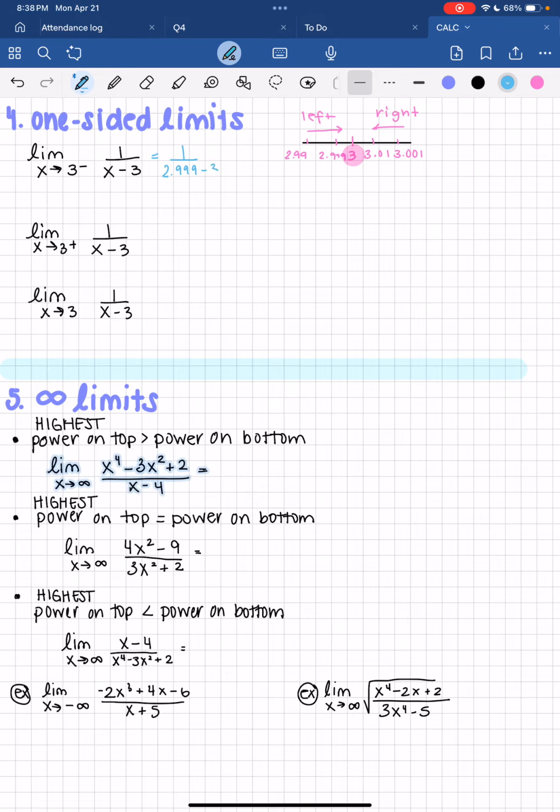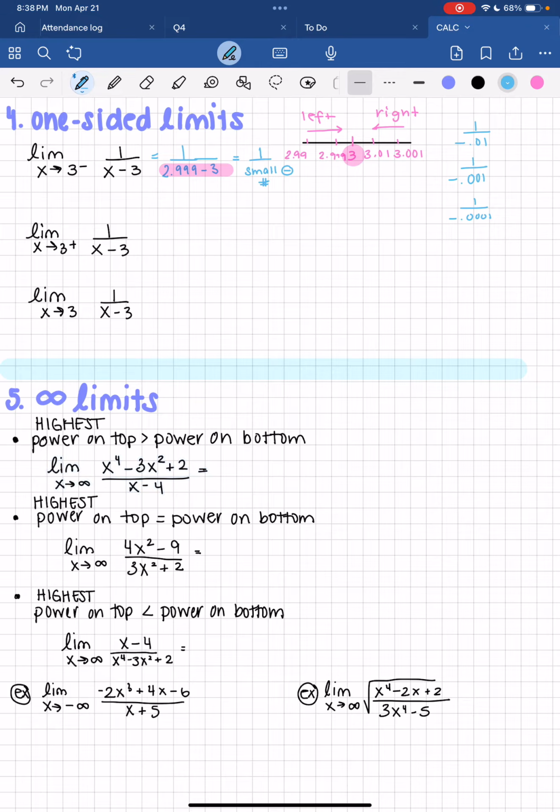2.999 minus 3. So now you got to say to yourself, okay, is this bottom number going to be positive or negative? And that's going to be 1 over a super small negative number. Like if you had a calculator right now, you can do 1 over negative 0.01, 1 over negative 0.001.